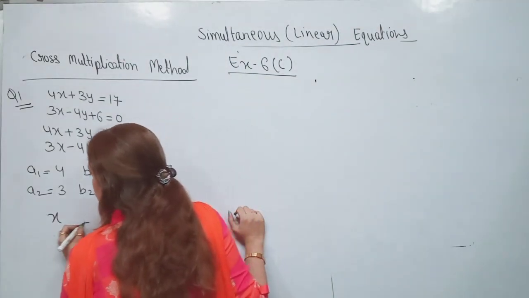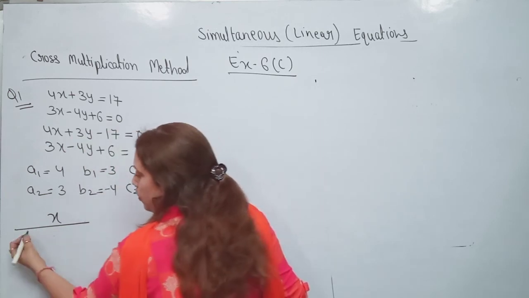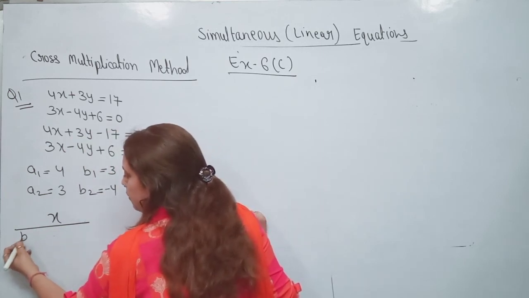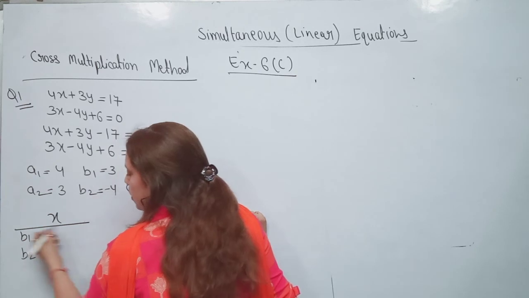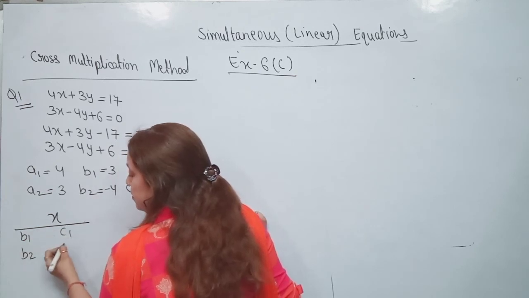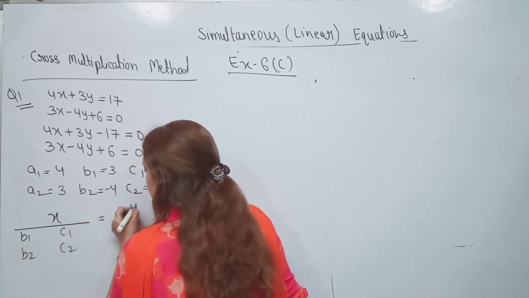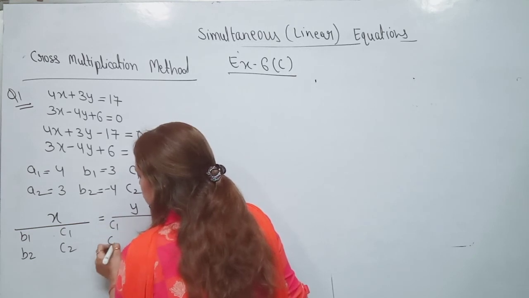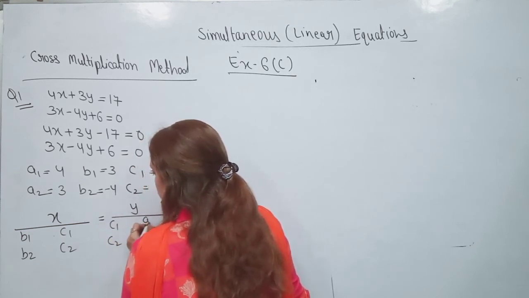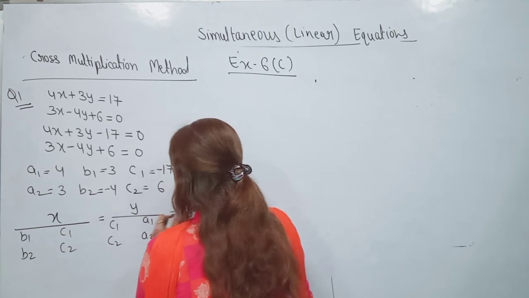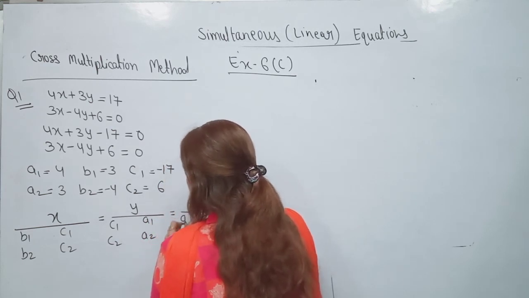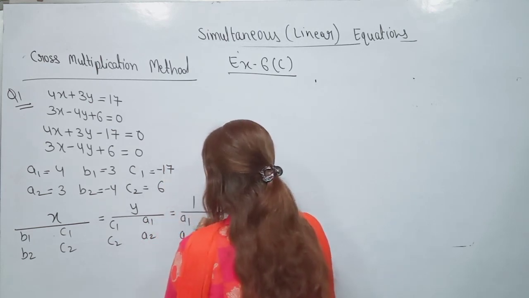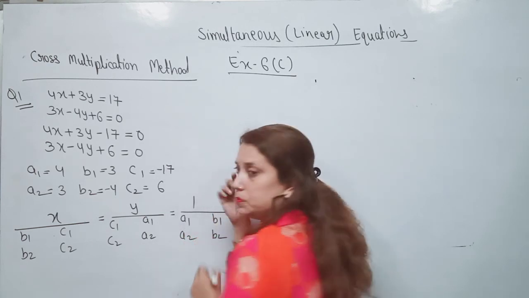By the cross multiplication method, x upon what will be there? b1 b2, c1 c2, is equal to y upon c1 c2, a1 a2, is equal to 1 upon a1 a2, b1 b2.